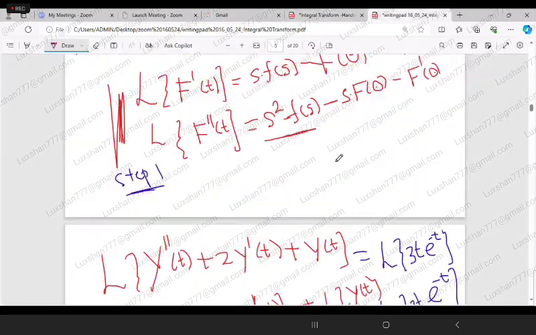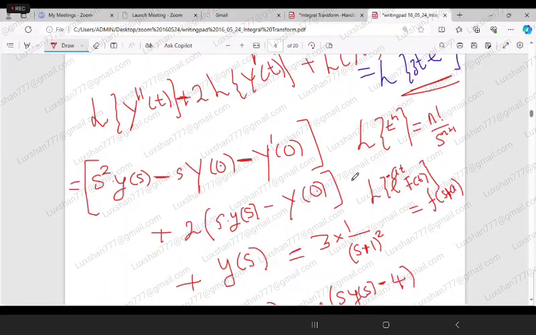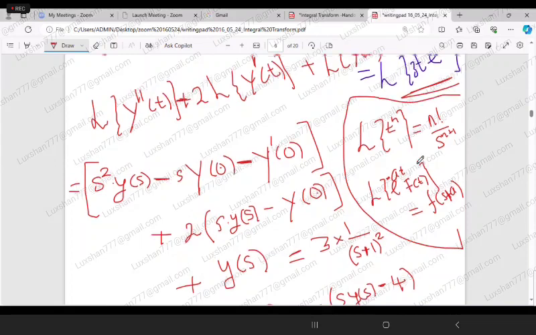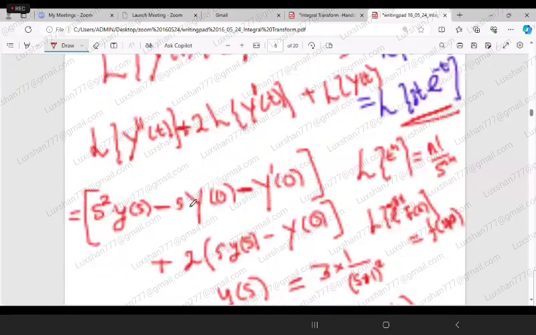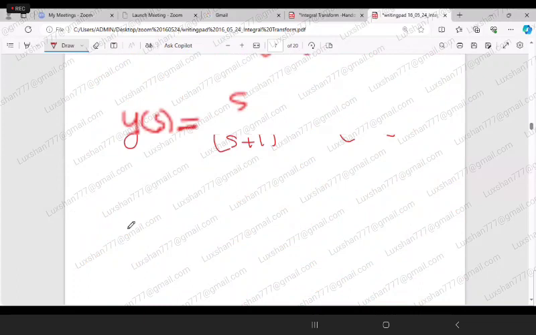So now here, we have taken the Laplace transform of capital Y(t) equal to simple Y(s). Now we have found this is our Y(s).